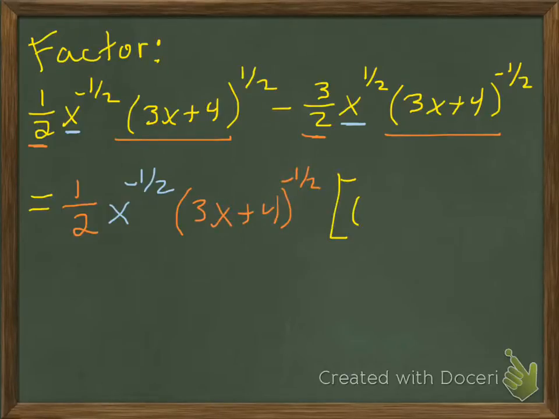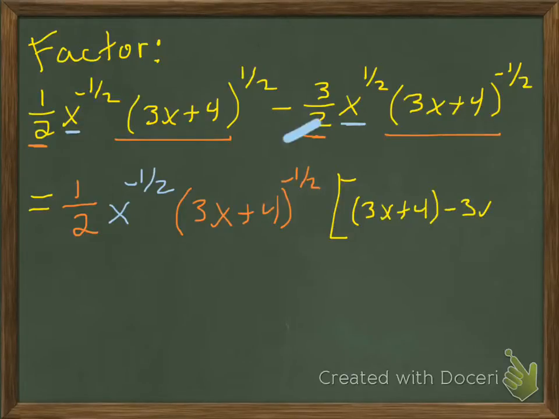For the first thing, we have removed the 1/2, we have removed the x to the minus 1/2, and we just had the discussion of (3x plus 4) to the 1/2 divided by this, and that gives us 3x plus 4 just to the first power. So that's what we got left there.